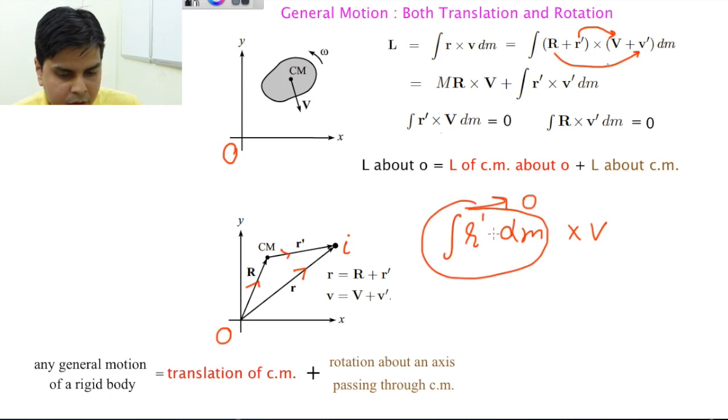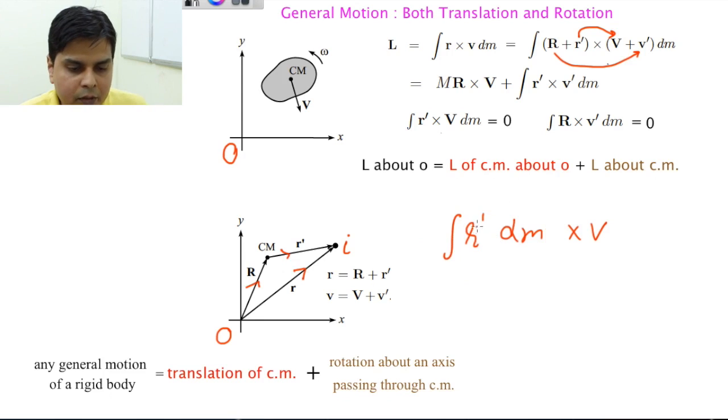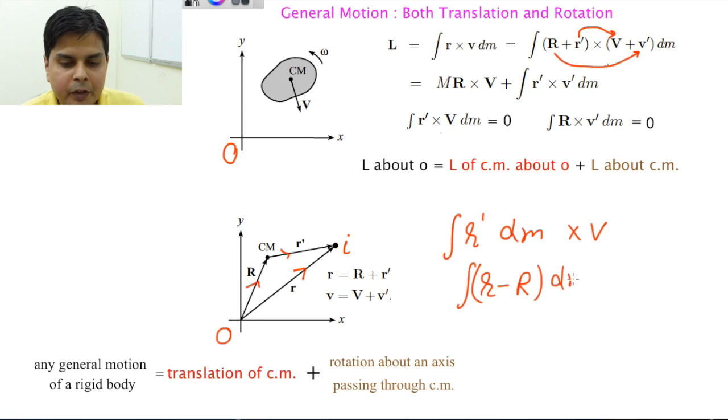Now those of you who are not understanding why it should be 0, I will give you another reason. What is this r prime? This r prime is r minus this capital R, so this will become integral of r minus R dm. When you integrate this thing, it will become integral r dm minus R, because this R is constant, I can take it outside integral dm. Now what is integral dm?